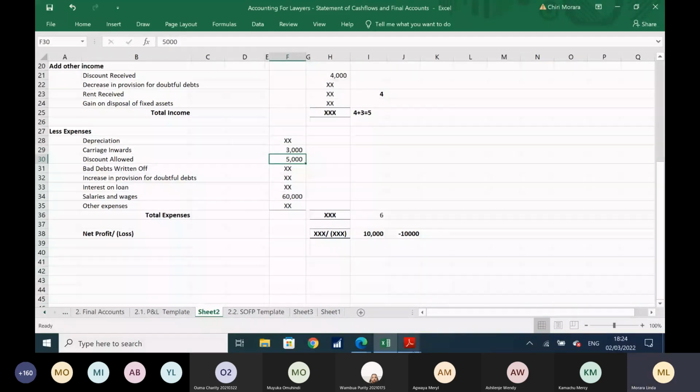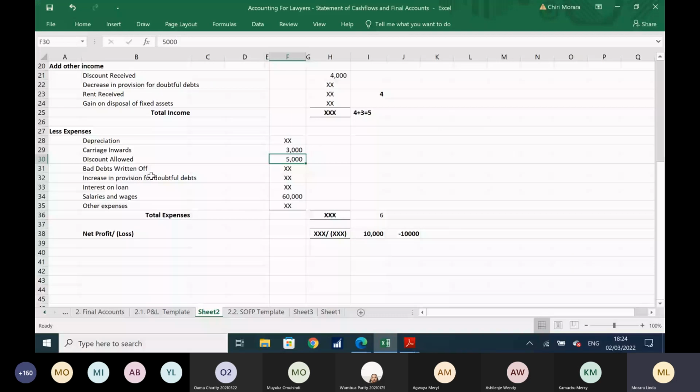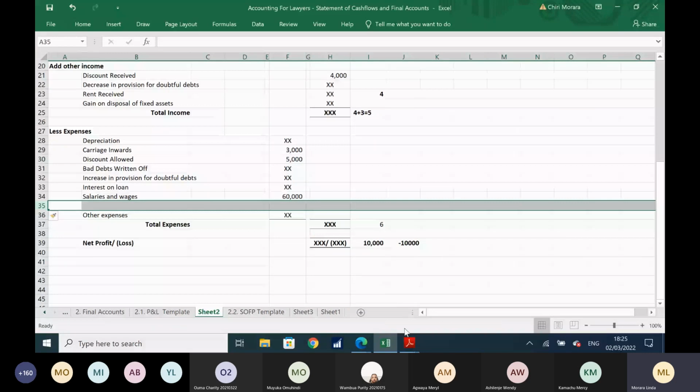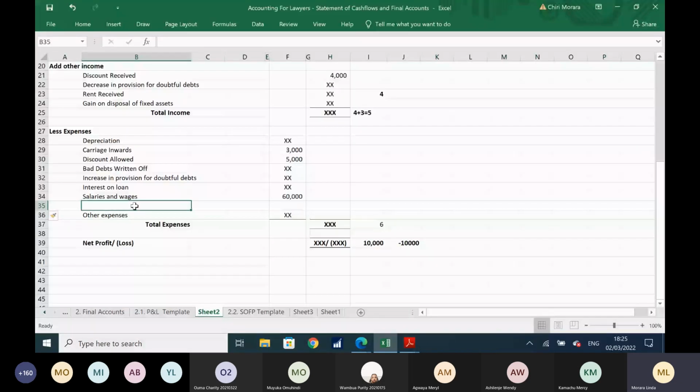And then the next one is postage and telephone expenses, that is 7,500. That is not in the template, so we can just insert postage and telephone. And how much is it?